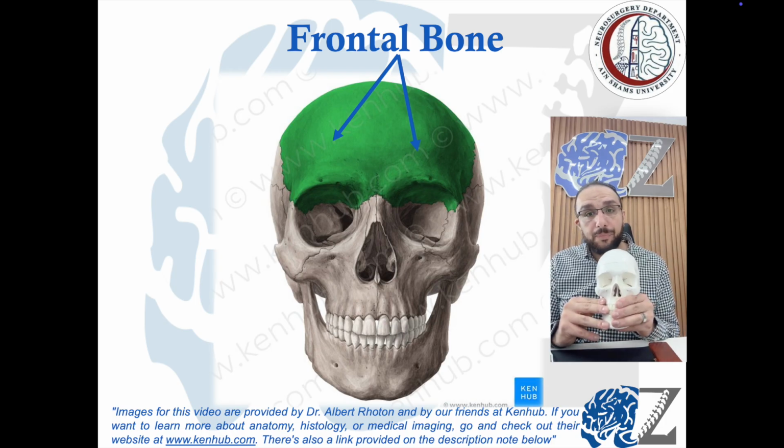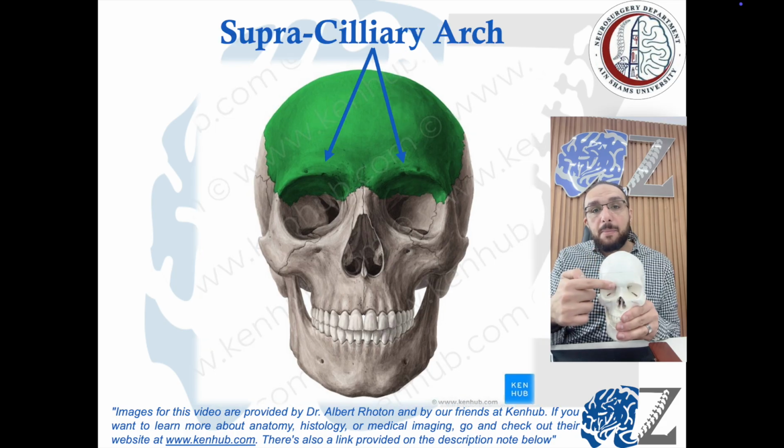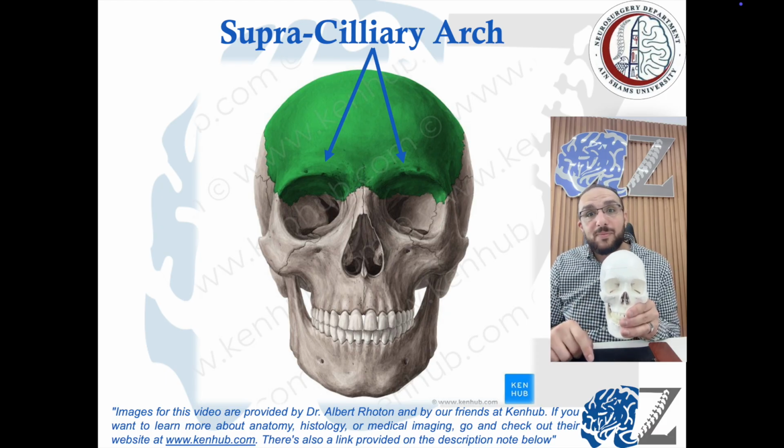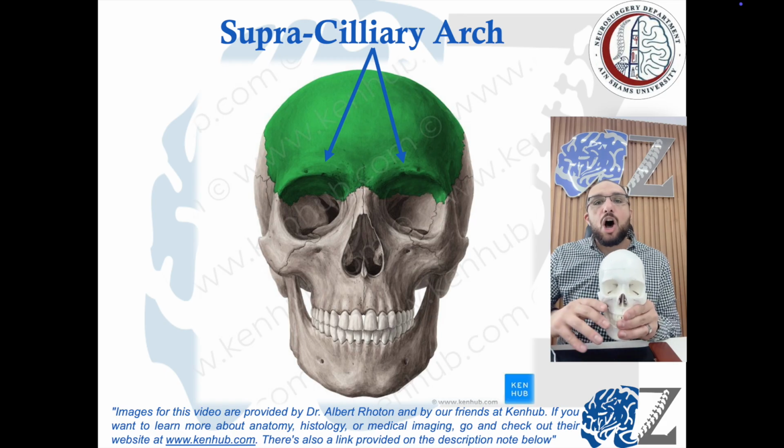But as we go downwards, the frontal bone is no longer flat. It's not flat as it is above in here. There are some ridges that are present above the orbit, like 2 arches in here above the orbit, and they are called the supraciliary arches.